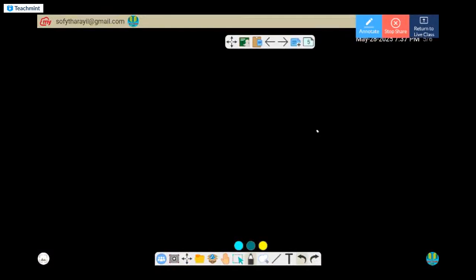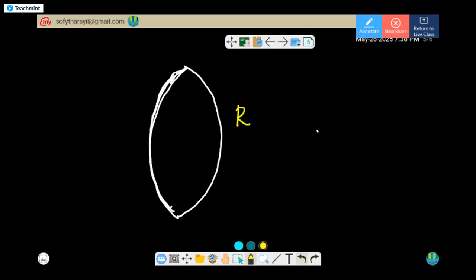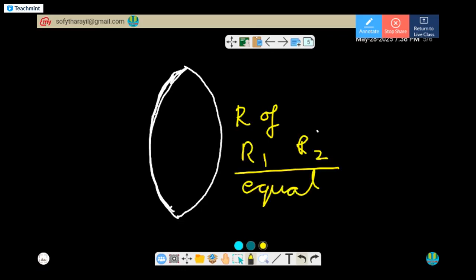If this is the lens given to you, and the radius of curvature, R1 and R2, are both equal to R, then what is this lens called?